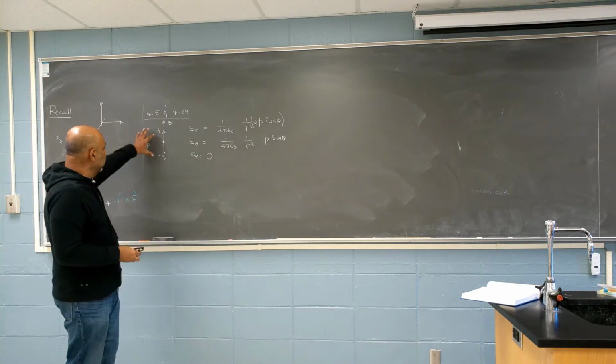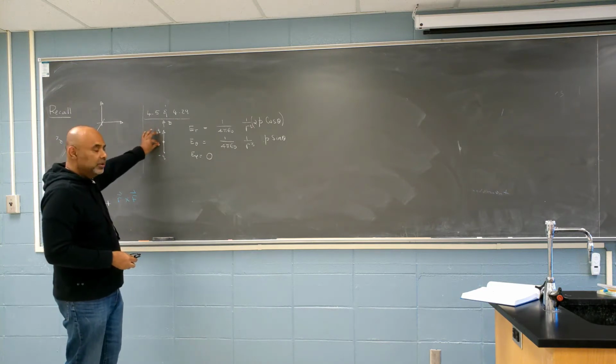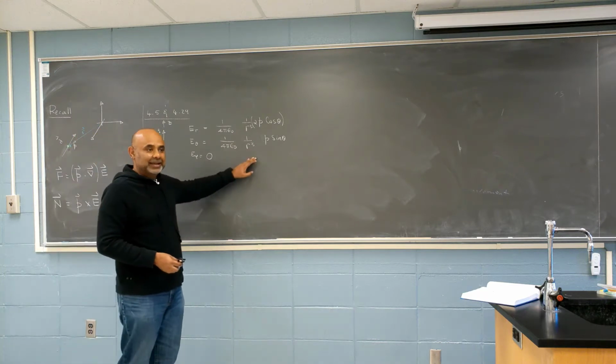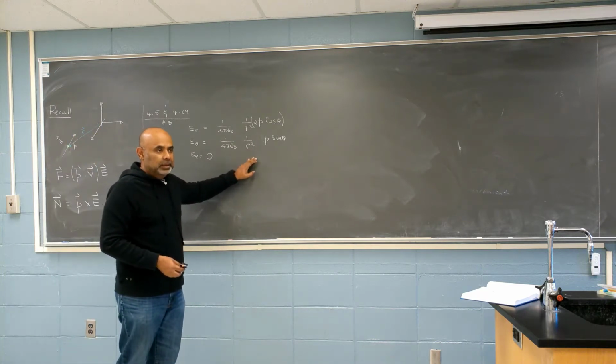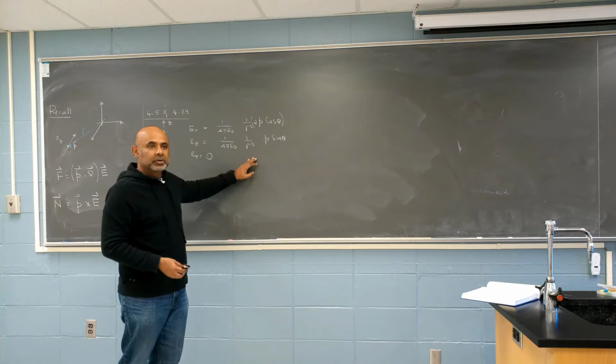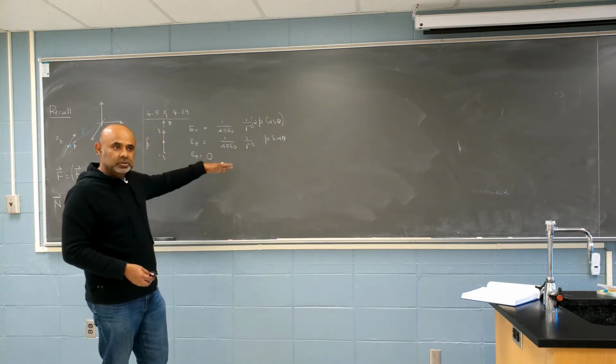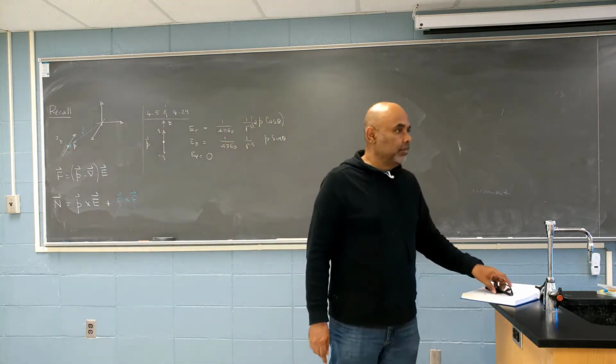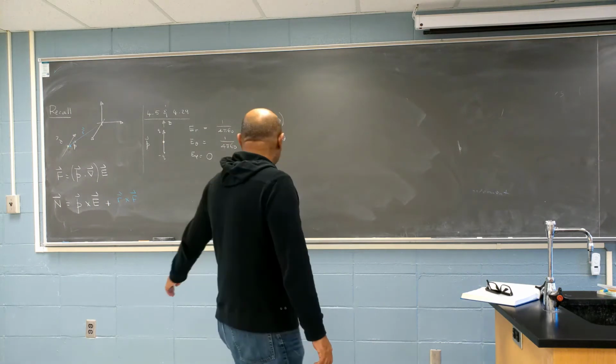In the limit, as the distance goes to 0 and q times d remains finite, then this is exact. But it is much easier for us to work with the idea that this is an approximation. This is to 1 over r cubed. That's good enough, because beyond that, the numbers are small enough.